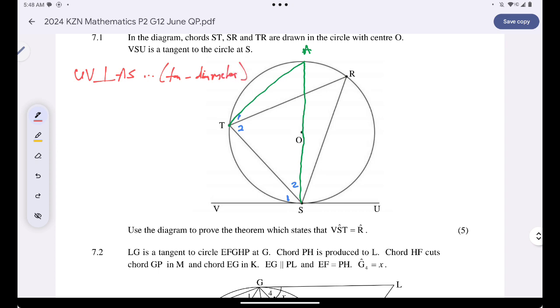Are you together? It simply means that S1 and S2 should add up to 90 degrees.